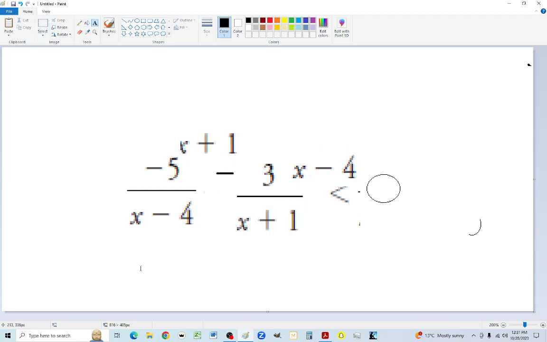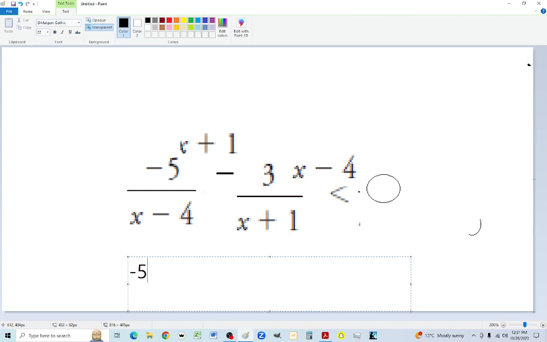See, on top you get minus 5x minus 5, minus 3x plus 12, all over x minus 4, x plus 1. And you get minus 8x plus 7. And that's that one.